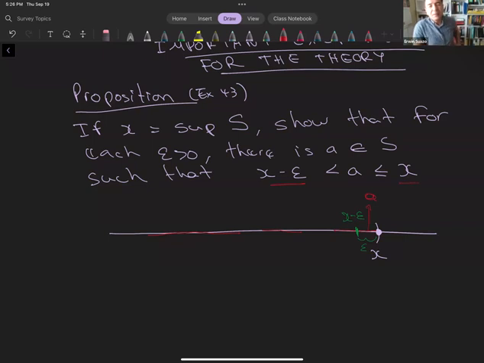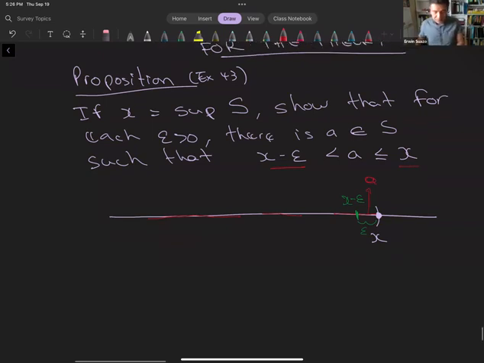Okay? This is what it's saying. So for every epsilon, you find an element of the set that is in the middle. So you cannot even move an epsilon below the sup. Okay?